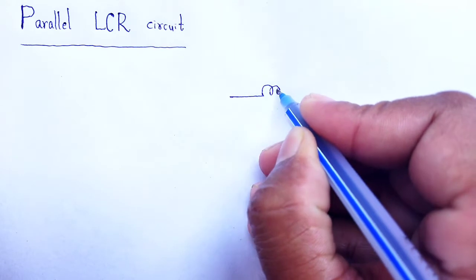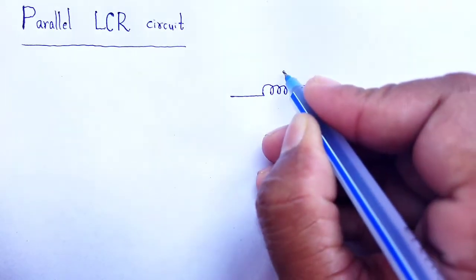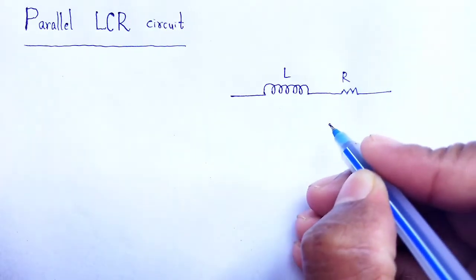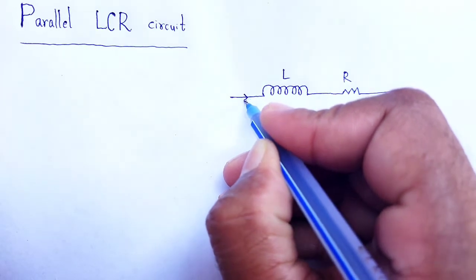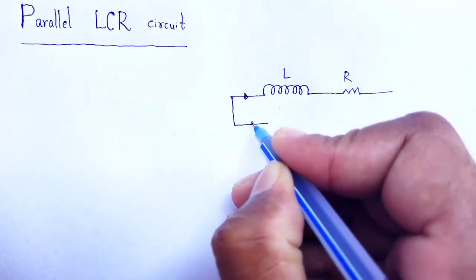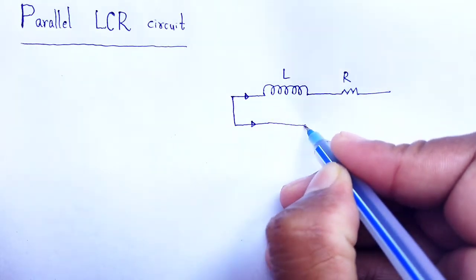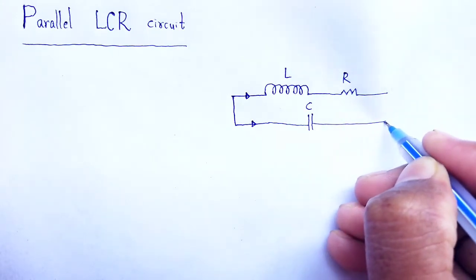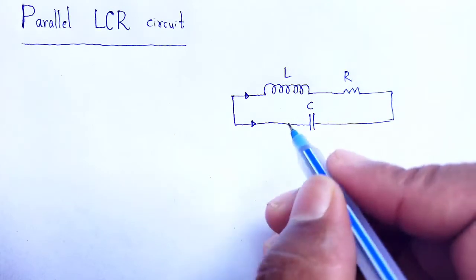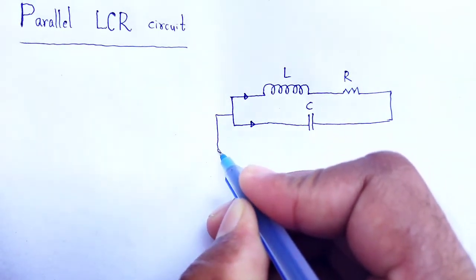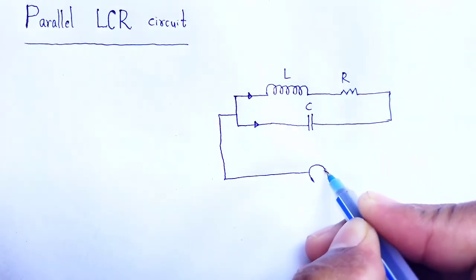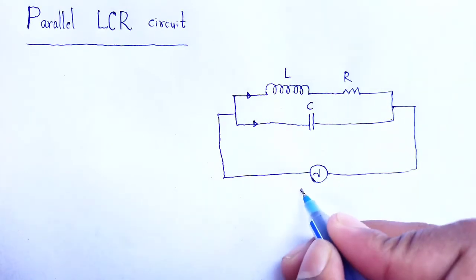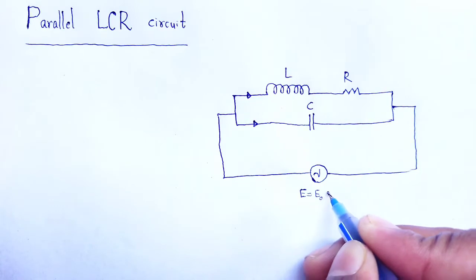One branch contains an inductor L and a small ohmic resistance R, while the other branch contains a capacitor of capacitance C, connected to an alternating EMF source E equal to E naught sin omega t.